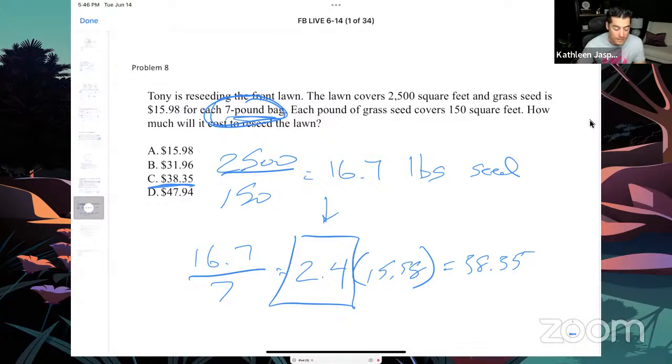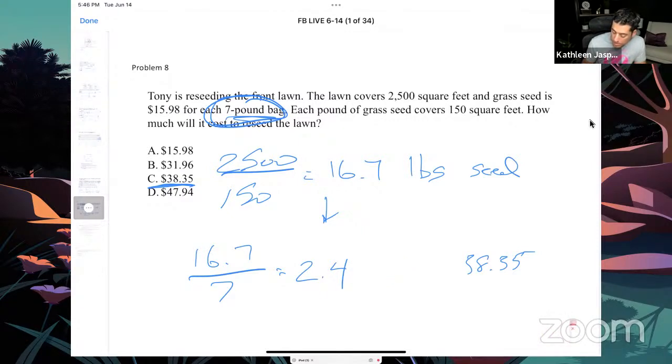So on your certified tests, you cannot take the fraction of that object, which means, and that's why they put 38.35 as an answer choice here, that you round up to the nearest whole number. So rounding up is going to give me 3. I know that I need 2.4, but I can't buy 0.4 of a bag. So I have to go up to the next whole number. Always round up to the next whole number.